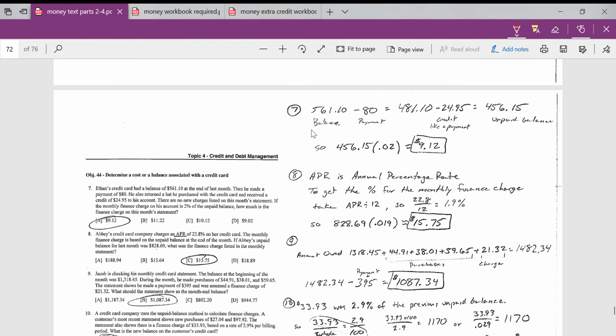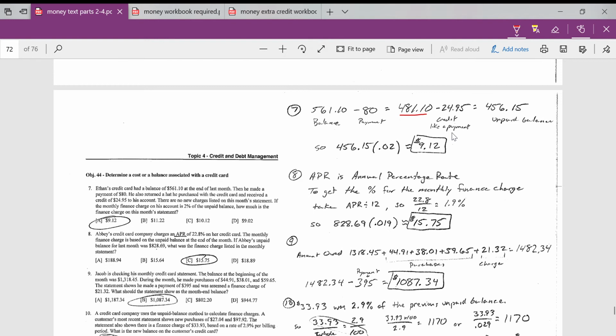Started with $561.10. He made an $80 payment, so that brings it to $481.10. Then he had a credit. The credit is kind of like a payment to his credit card, so you don't get confused that it's put back on his card, meaning you don't add it, it's actually subtracted from the balance.